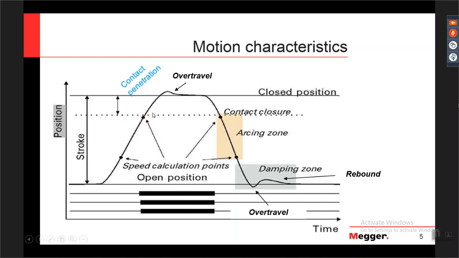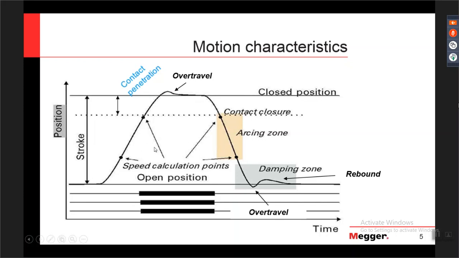This distance here. Overtravel is this part. Some breakers have it, some don't, so that depends on the design. So that is also something to compare with the reference.